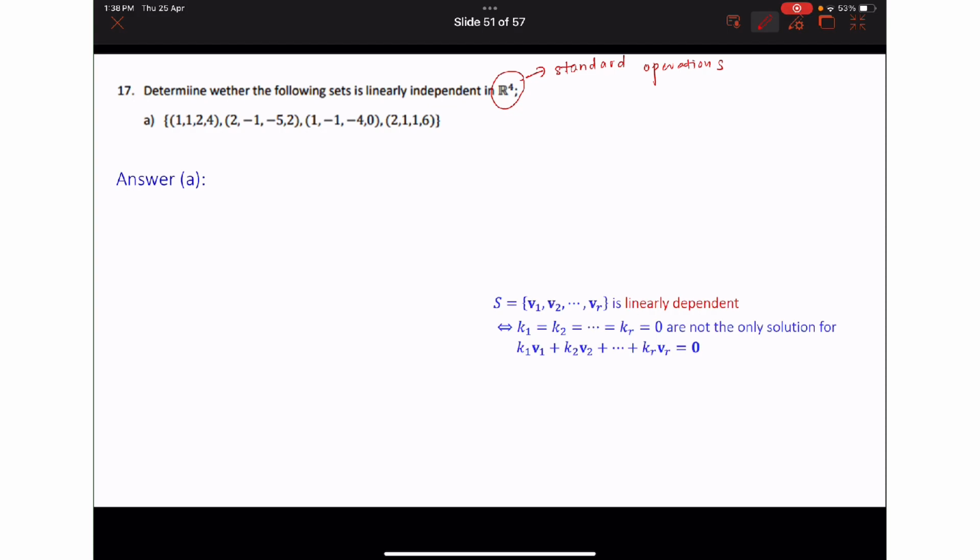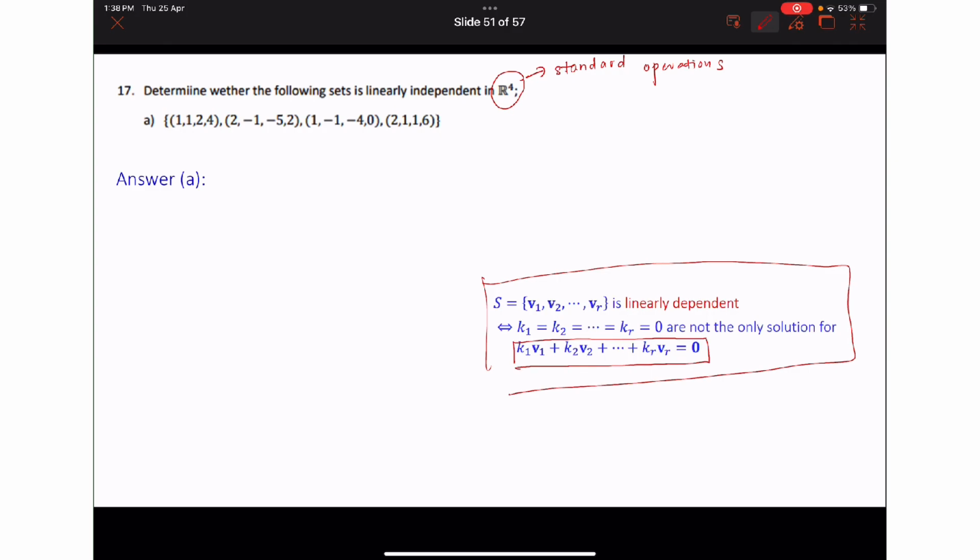Recall that the set S, the collection of r elements, is linearly dependent if, whenever we write this equation, the values of K1, K2 up to Kr are not only 0, there are many other values for K1, K2 up to Kr such that this equation holds.